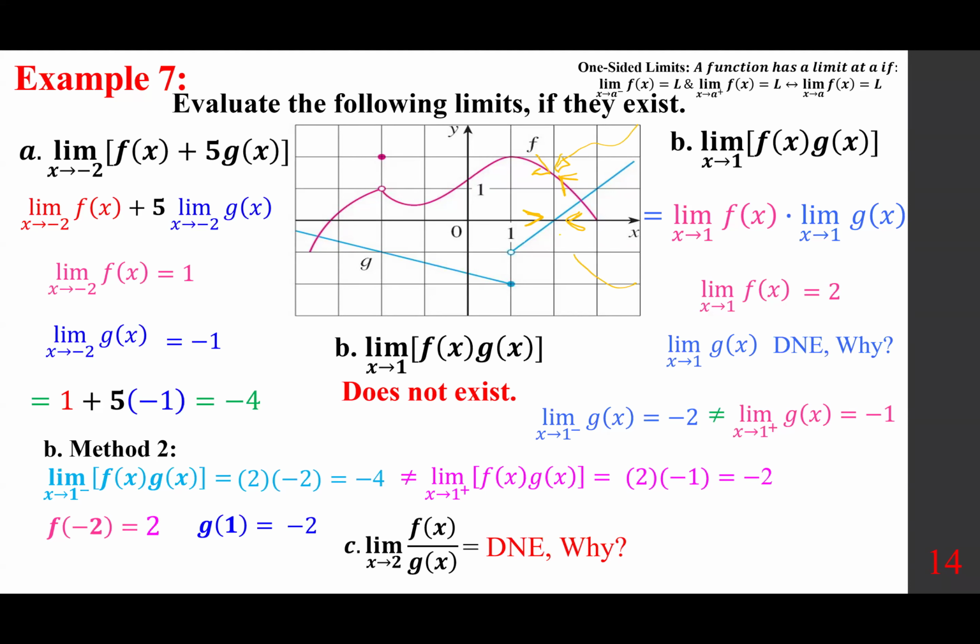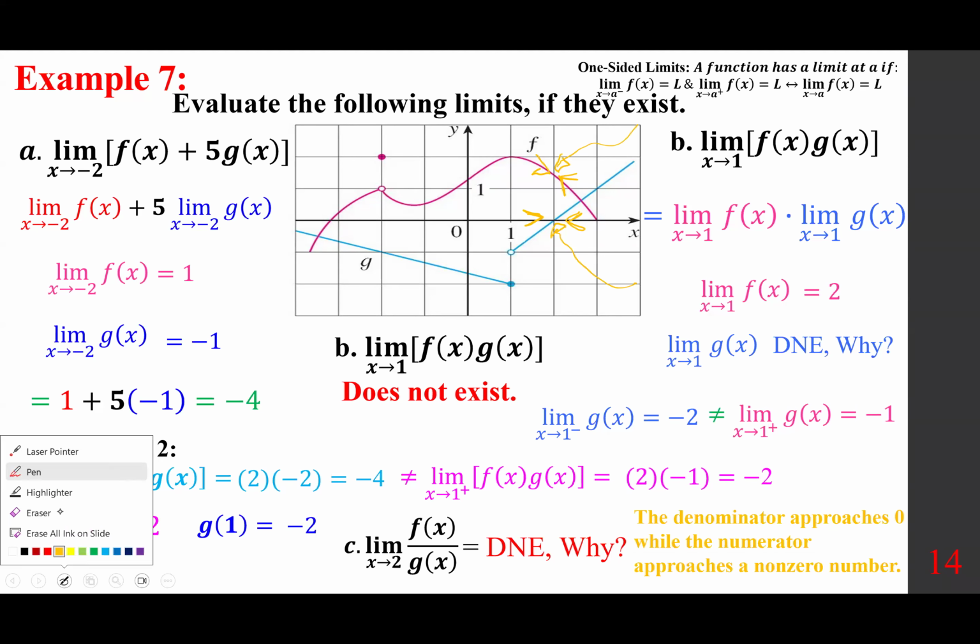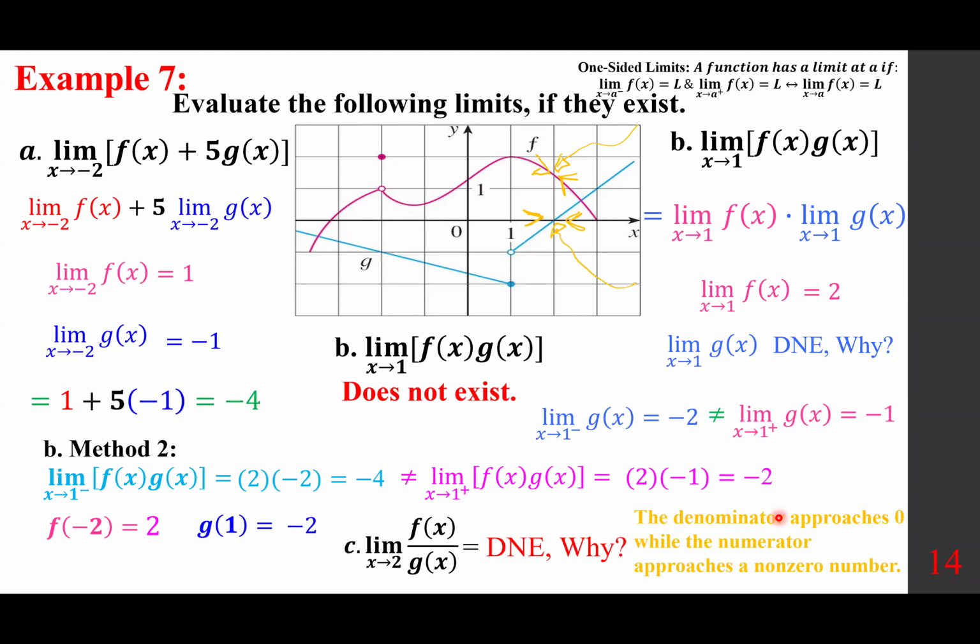But the bottom function is approaching this one, and that is 0. Therefore, the denominator approaches 0 while the numerator approaches a non-zero number. Therefore, it does not exist. So it's some number over 0.